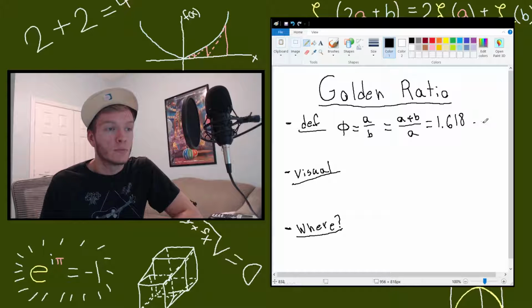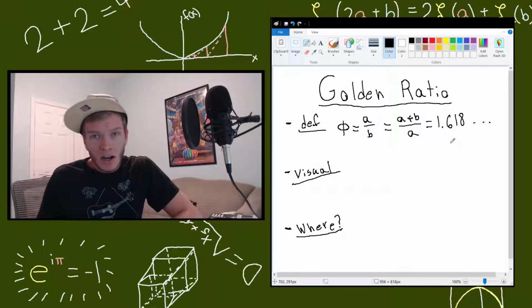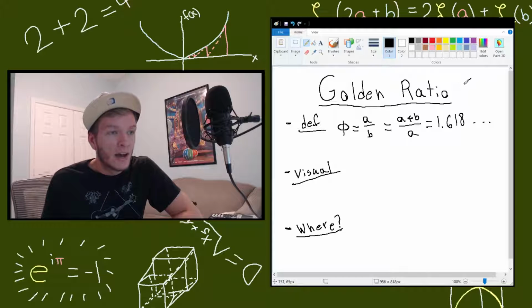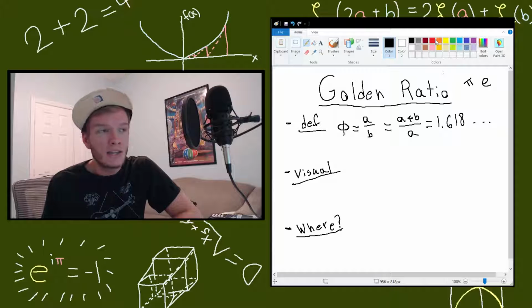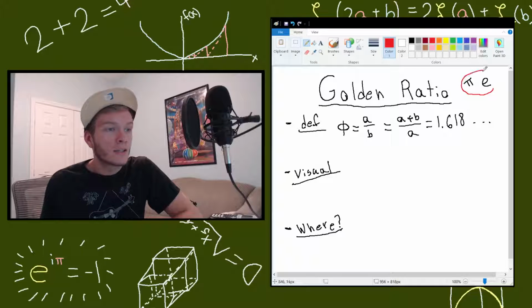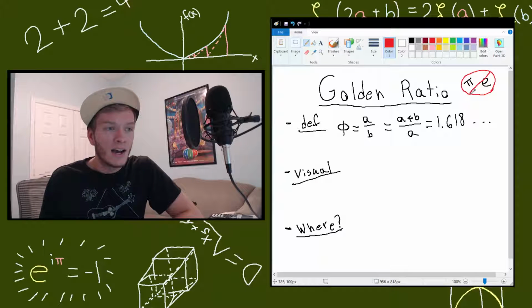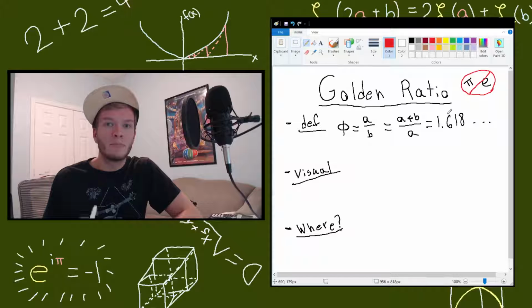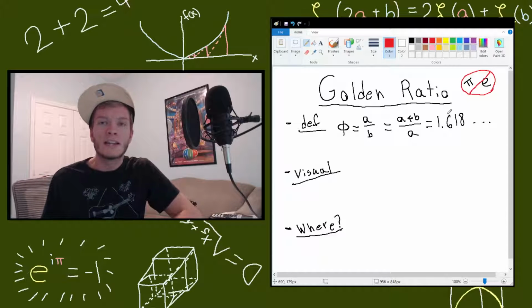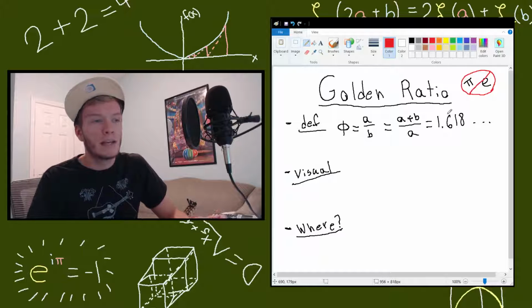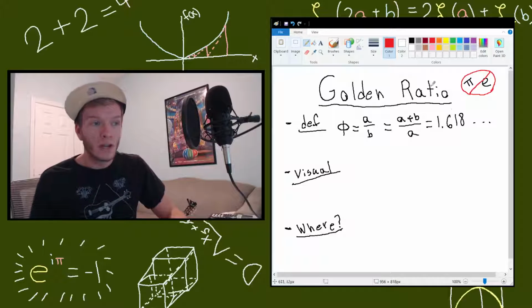When you solve it out, it ends up being equal to about 1.618 and some change. Now, unlike numbers like pi and e, this is not transcendental. Transcendental basically means that there is no real pattern to the number itself, so it can't be represented by a closed solution.